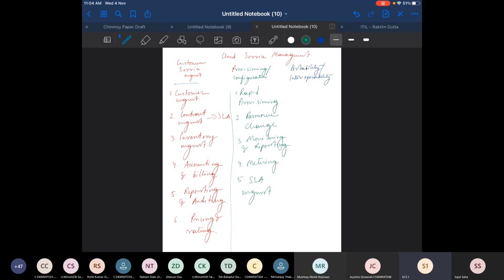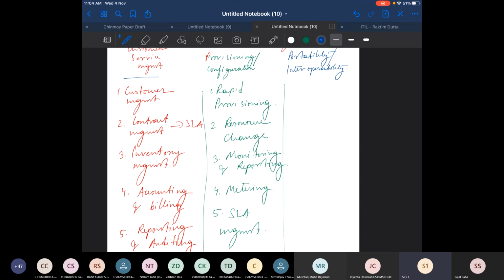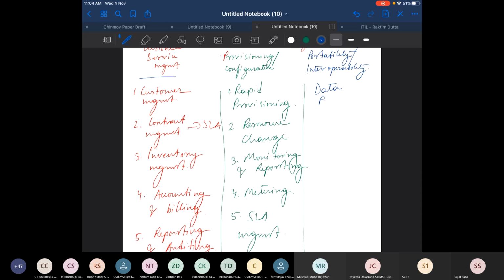Now for the portability, we have data portability. Data portability is of two kinds. One is copy data to and from.